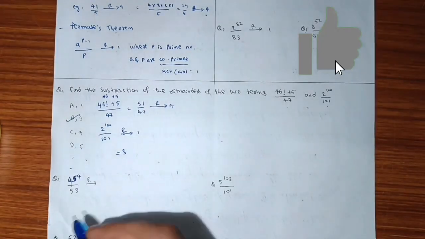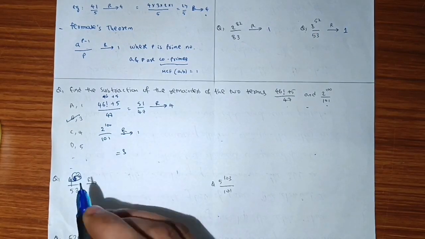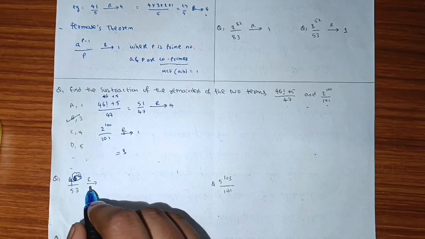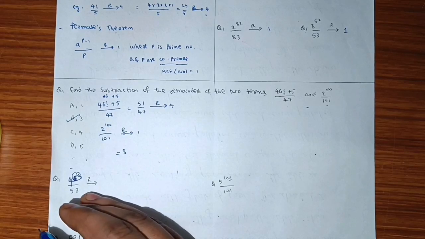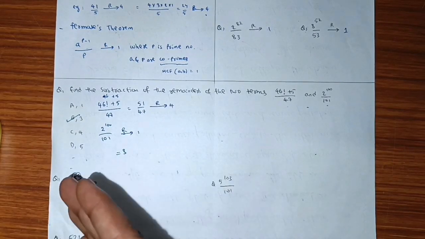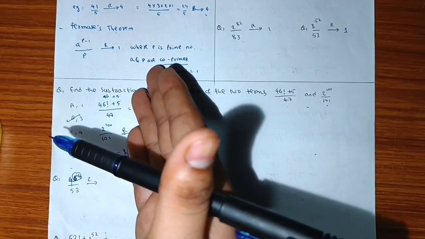Now let us move to another question. The question is 4 power 54 by 53. We need to calculate the remainder. So we need to modify this into the relevant theorem. It is very similar to the third topic, Fermat's theorem.